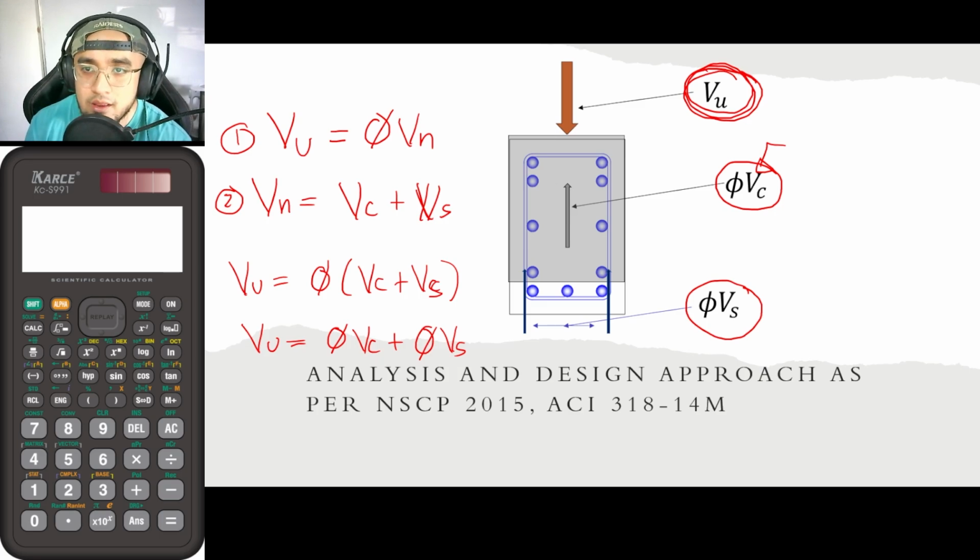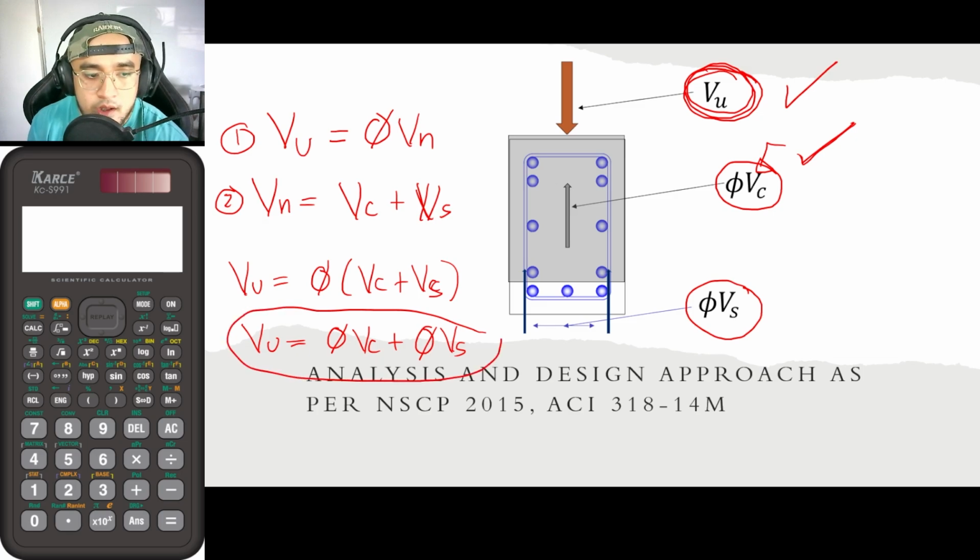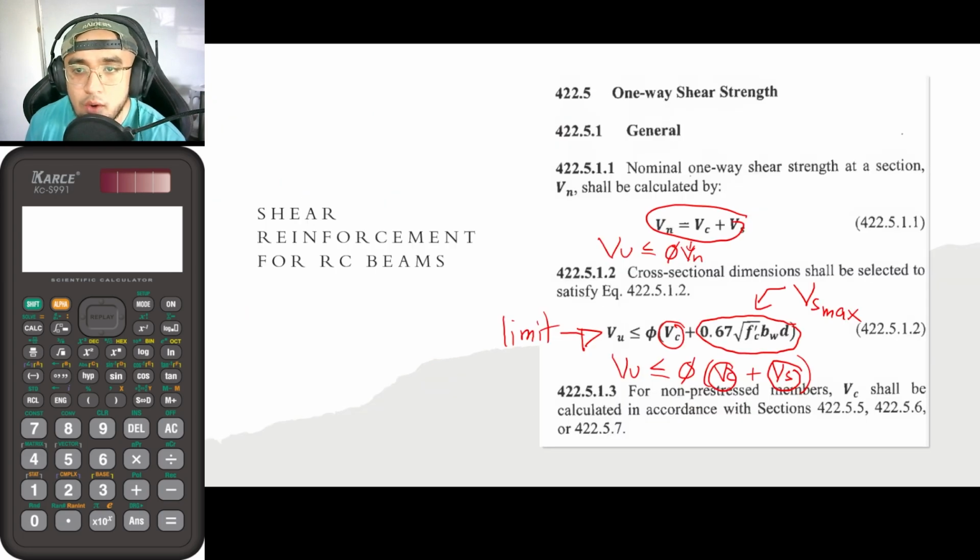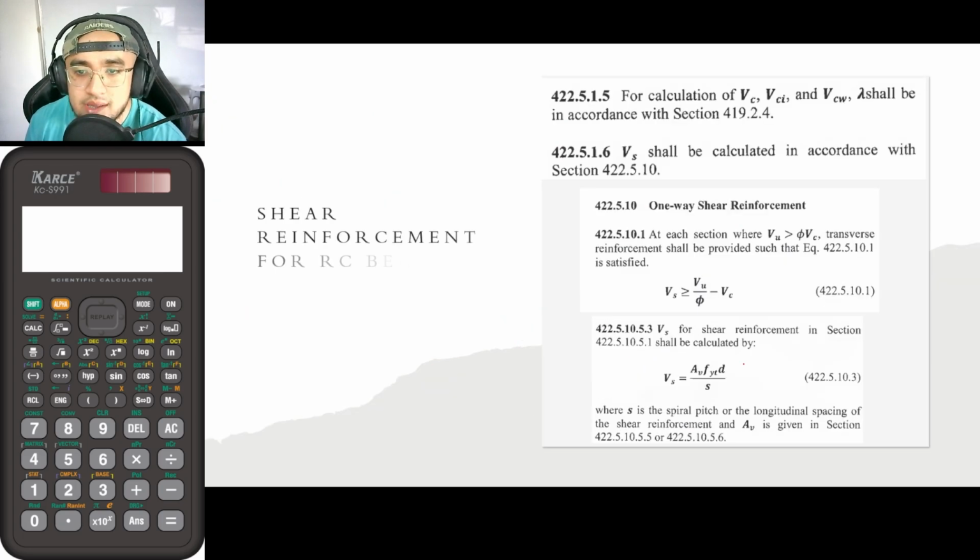So again, you should already know Vu. Then for the value of Vc, you would be solving for it. And upon solving for the value of Vc, using this equation here, you will now be solving for the value of Vs. Then from the value of Vs, that is now our basis for the spacing. So again, spacing is our main concern here.